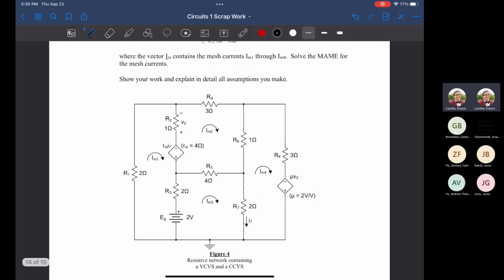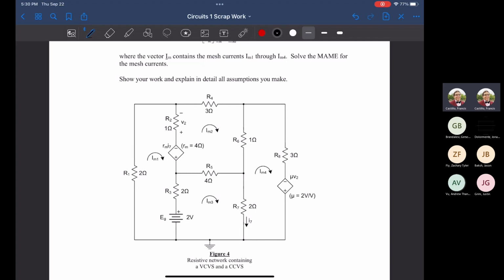Dr. Russell may toss you a mesh or node problem. In my Circuits 1 class, when I took it back in the spring of 2020, we did get a mesh and a node problem. It really depends on which one he feels like. He could be testing you over one or both tools of analysis, so be aware of both mesh and node and how to set them up, which is what I'll be doing here.